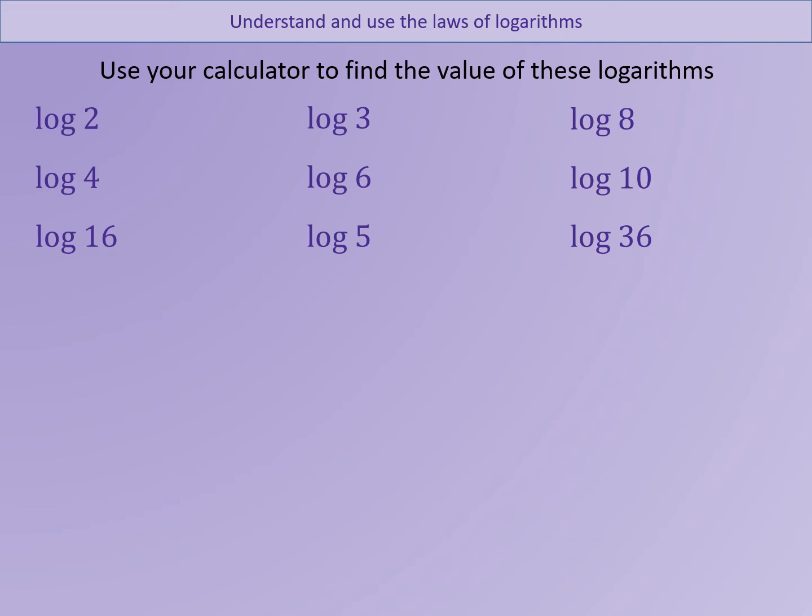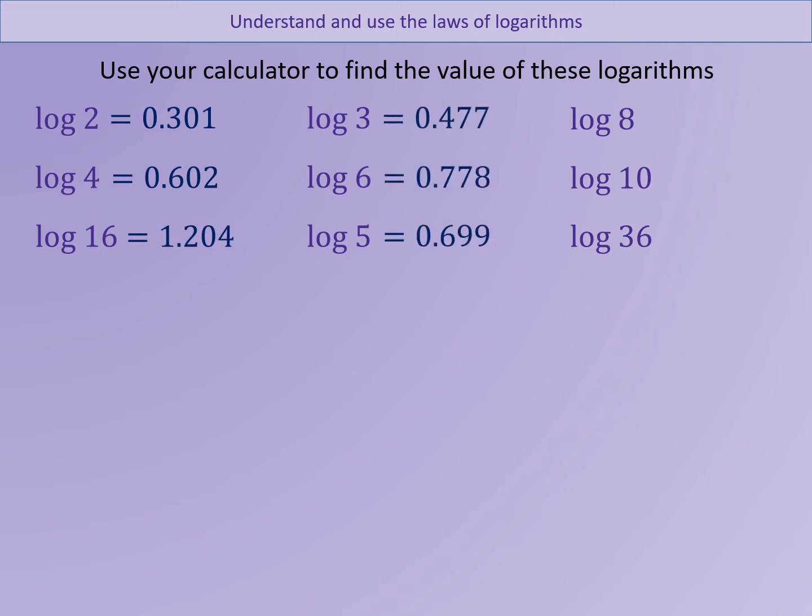Okay, good. So log to base 10 of 2 is 0.301, and we can work out all of the other log values using the calculator. And to 3 significant figures, we should find that these are the values that we found. Interestingly, before we move on, log to base 10 of 10 is equal to 1. We've discussed this before, that log to base a of a is equal to 1 every single time.